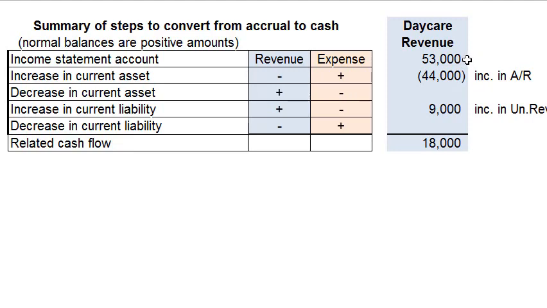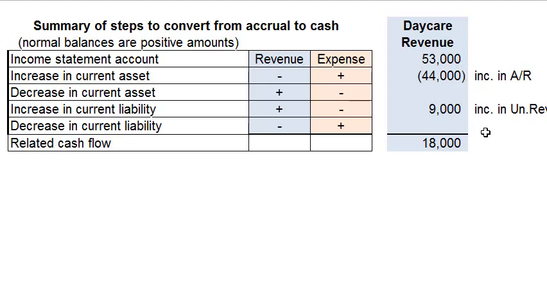The next thing we want to do is think about what kind of current asset and current liability accounts hold the difference between revenue and cash flows. Well, for revenue, it's generally two types of accounts: accounts receivable and unearned revenue. So we go now and we look at our balance sheet and we determine the change in accounts receivable and the change in unearned revenue if those accounts exist.